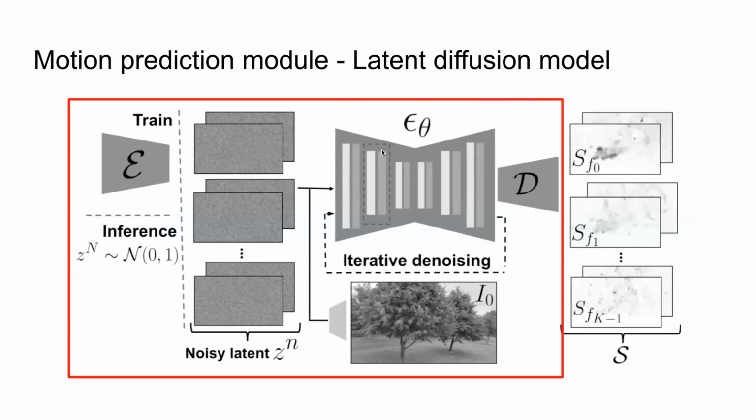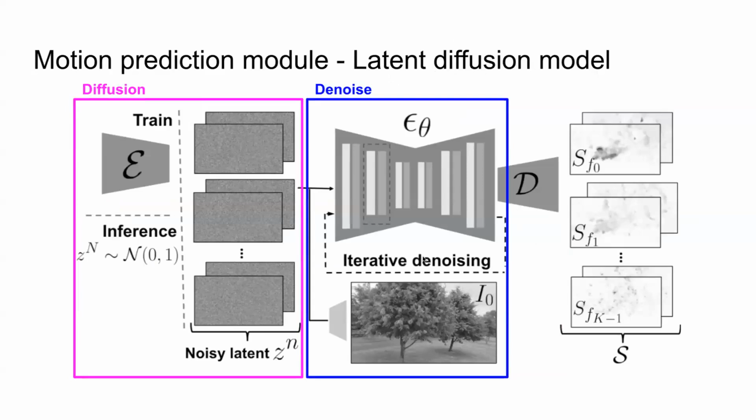Let's break it down into two processes for this diffusion model. On the left side is the diffusion part, and on the right side, the blue part is the denoise part. For the diffusion part, most of the description and statements are about the training.